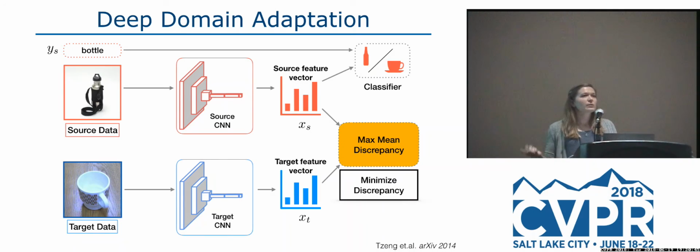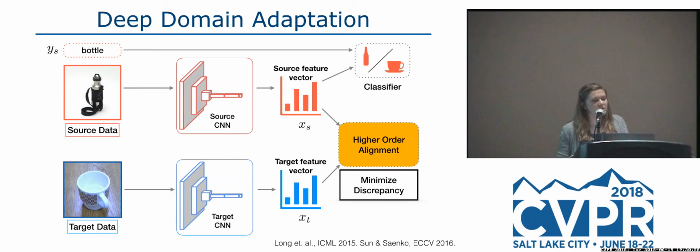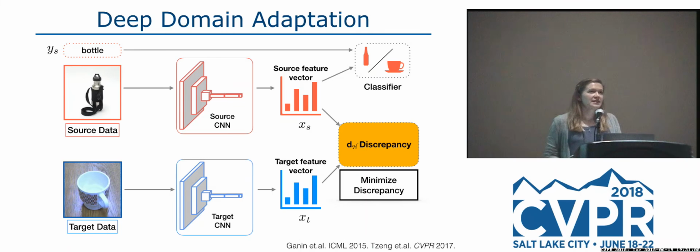So some of the earlier works that did this looked at pretty simple statistical alignment techniques. So things like max-mean discrepancy or just simply aligning the means between source and target. Then some later works worked on kernelized versions or on correlation-based alignment methods. Today, as it's the adversarial tutorial, I'm going to talk about aligning based on what's known as the DH discrepancy.